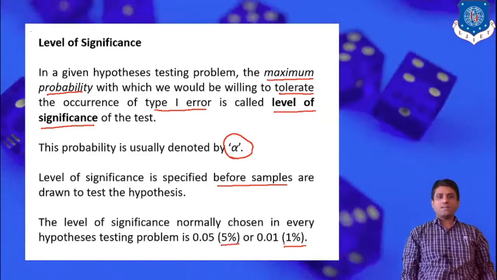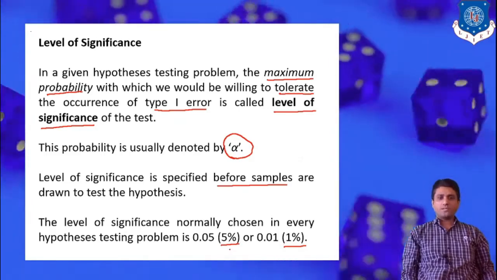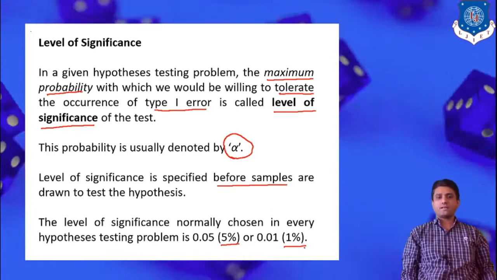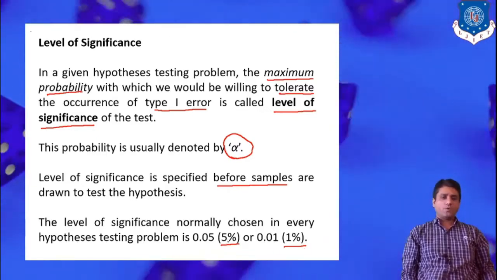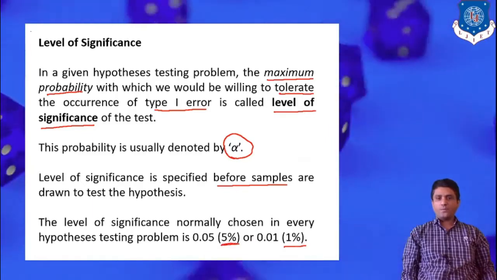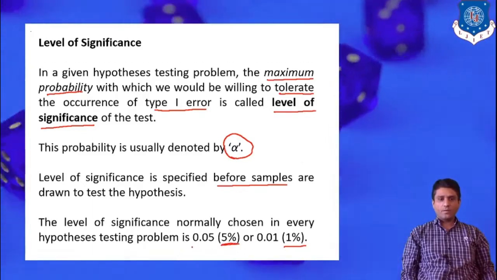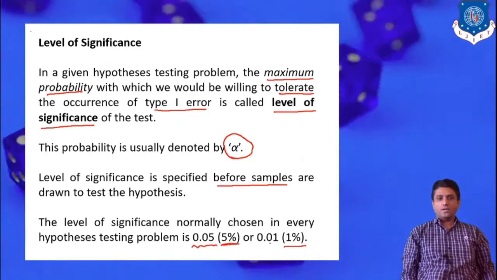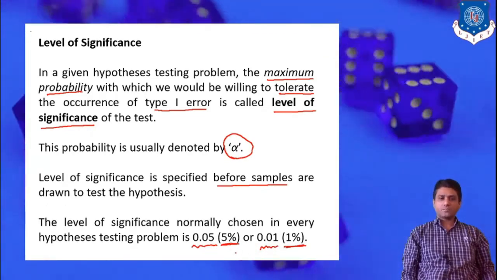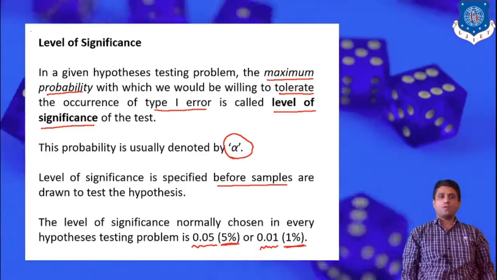That is, whatever task you perform, you allow 5% error or 1% error. In this talk we cover these two: 5%, equivalent to 0.05, and 1%, equivalent to 0.01, because these are well known.